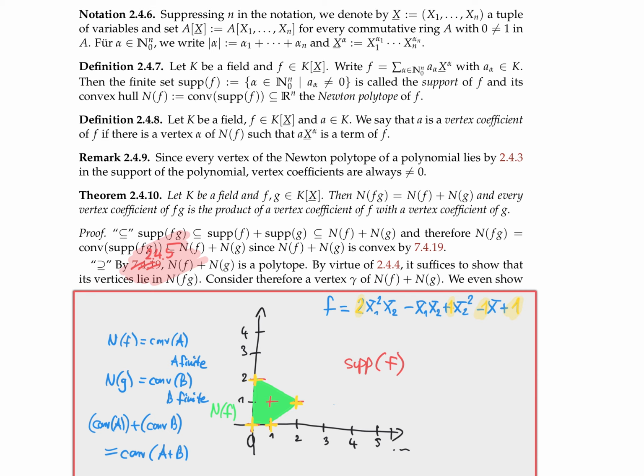It's enough to show for the generators that they are contained in the left-hand side. I want to show that this is contained here. Consider therefore a vertex gamma in n of f plus n of g.